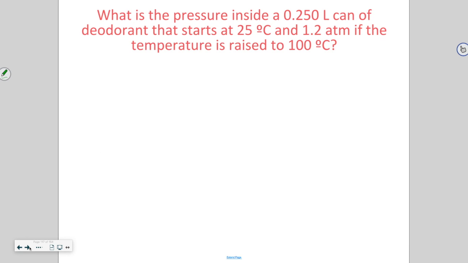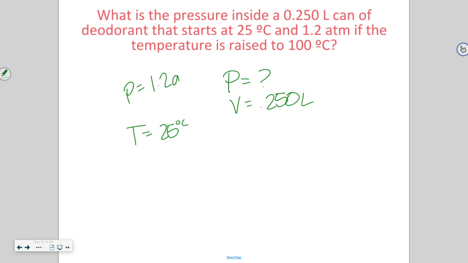What is the pressure inside of a 0.250 liter can of deodorant that starts at 25 degrees Celsius and 1.2 ATMs? That temperature is then raised to 100 degrees Celsius.